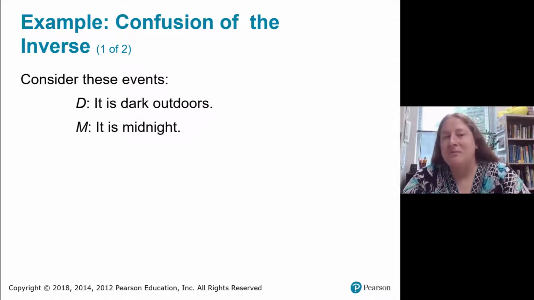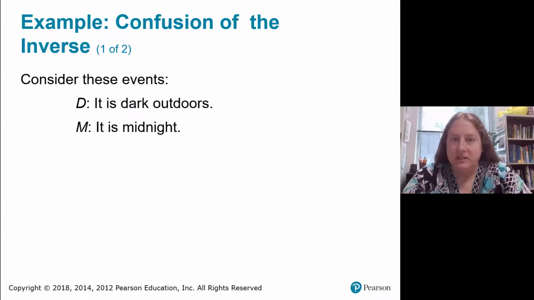Right. So here's maybe even a more straightforward idea to help you keep confusion of the inverse in your mind. So we're going to consider two events. D stands for it's dark outdoors, and M stands for it is midnight.